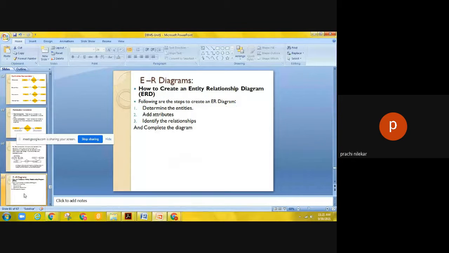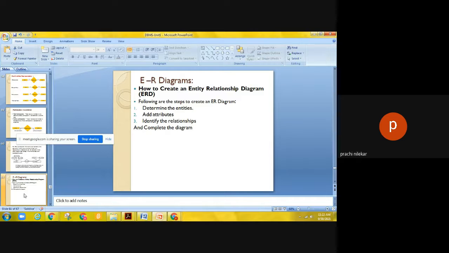Now move to the next slide, the ER diagrams. We discussed different ways of designing entities, their symbolic representation, what is a relationship, what is an entity, entity sets, as well as the attributes. So we understood the various design shapes too.